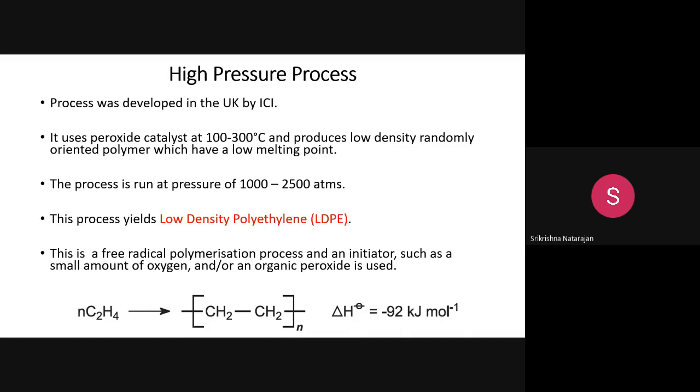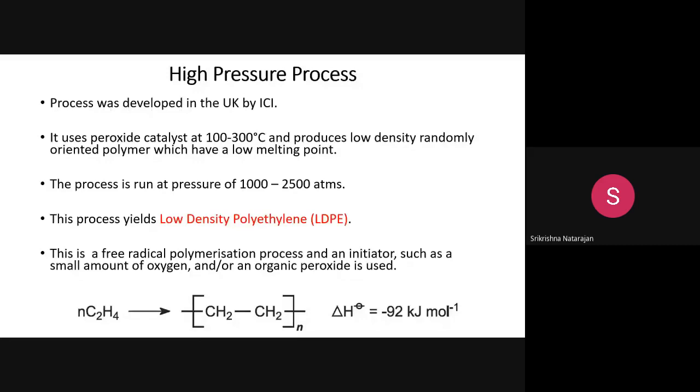This process involves high pressure and high temperature. You need a temperature of say 100 to 300 degrees centigrade at a very high pressure of 1000 to 2500 atmospheres. For this reaction you require a catalyst, like an initiator, to start the reaction.